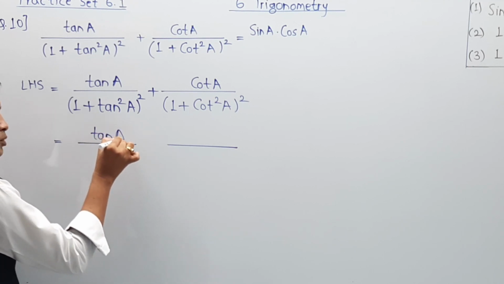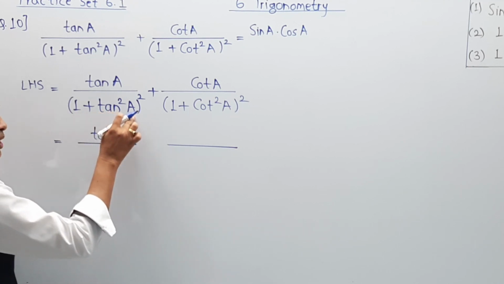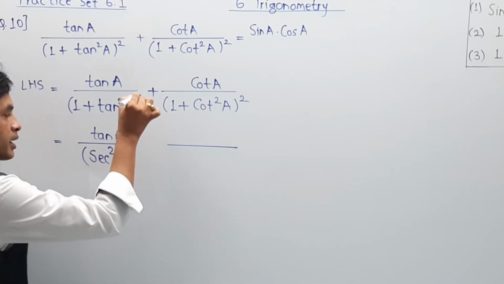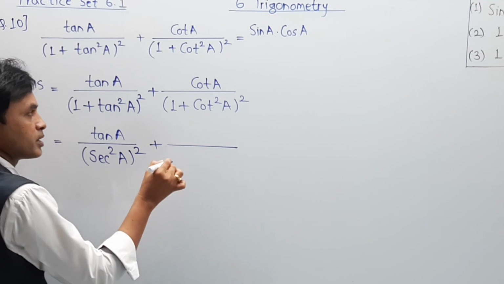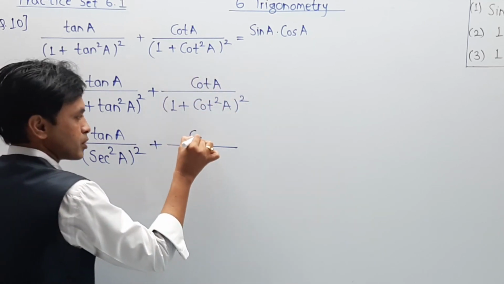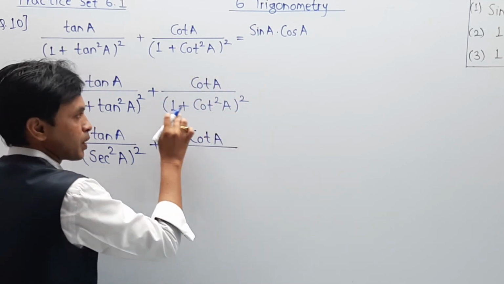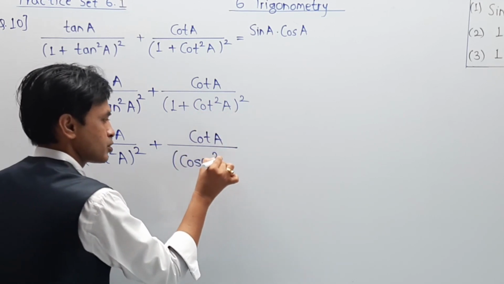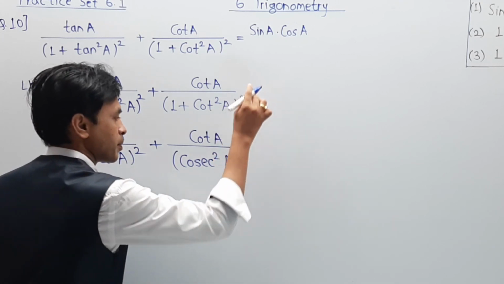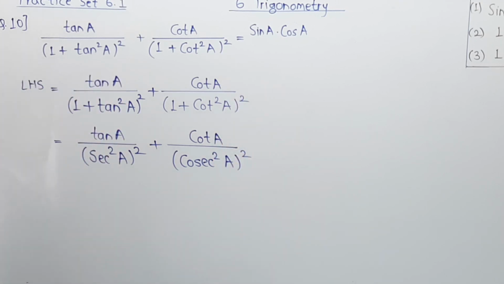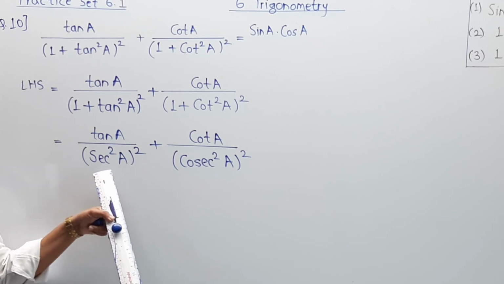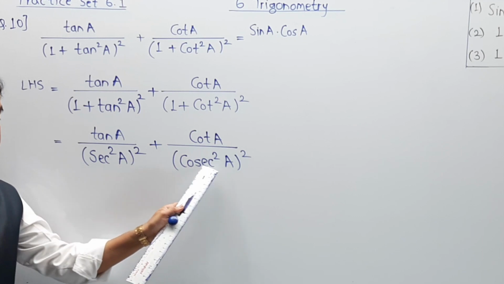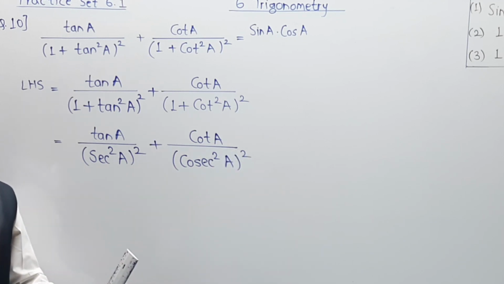Tan A is as usual, and 1 plus tan square A becomes sec square A, bracket square, plus cot A as usual, and 1 plus cot square A becomes cosec square A, bracket square. In this way 1 plus tan square A is replaced by sec square A and 1 plus cot square A is replaced by cosec square A.